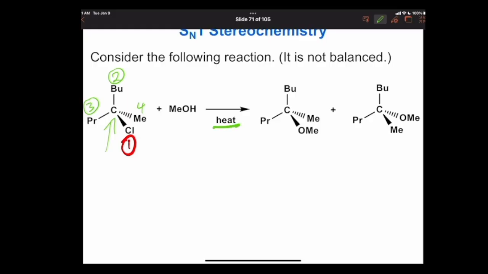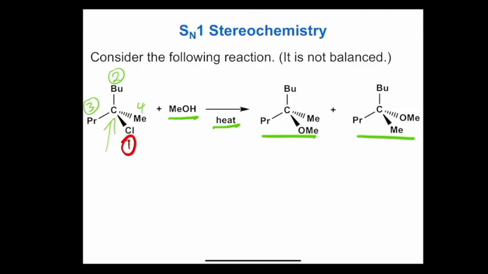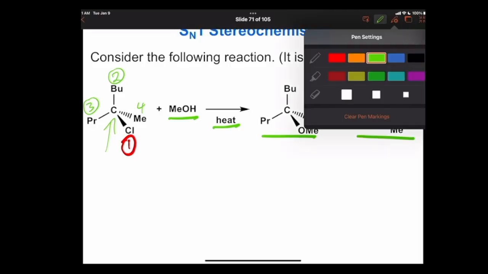High temperature is needed to produce these high energy intermediates, and a neutral nucleophile as the solvent sets up an SN1 reaction. But in this case, we start with a single stereoisomer, and we end up with 2 possible products. Remember, the mechanism goes as follows.